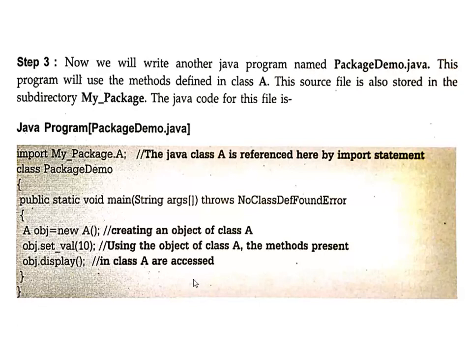Here I'm importing my_package.a. In class package demo, I have written the main function, and in the main function I am creating the object of class A, which we have written earlier, which is another program saved by the name a.java.